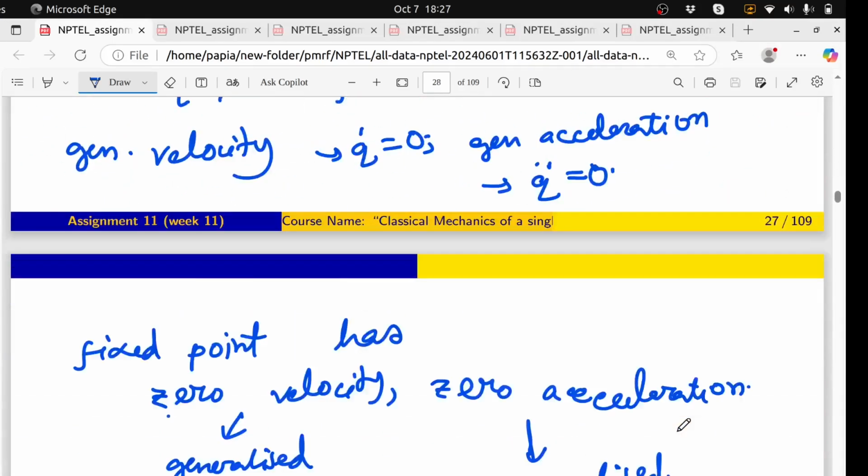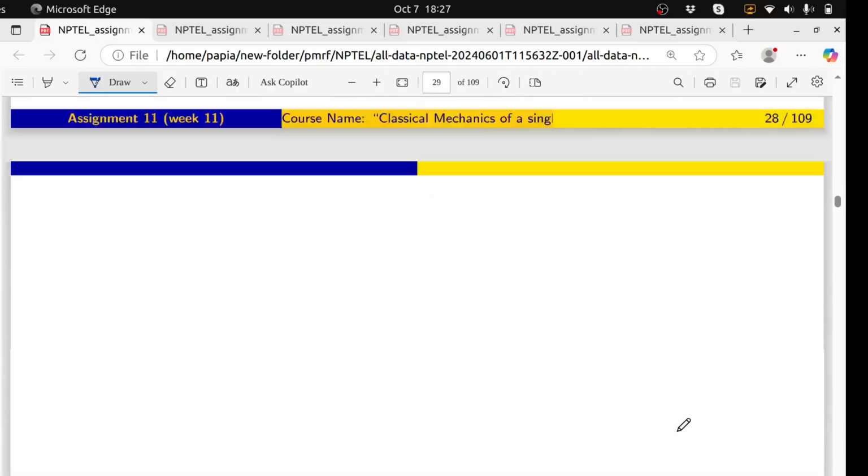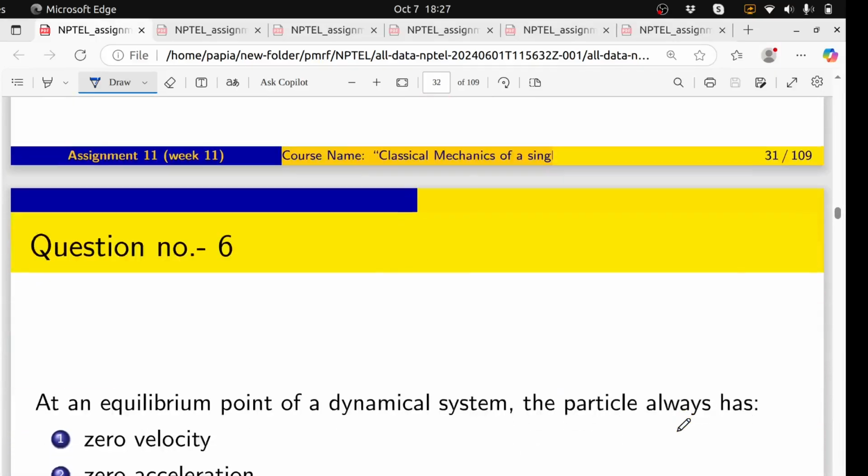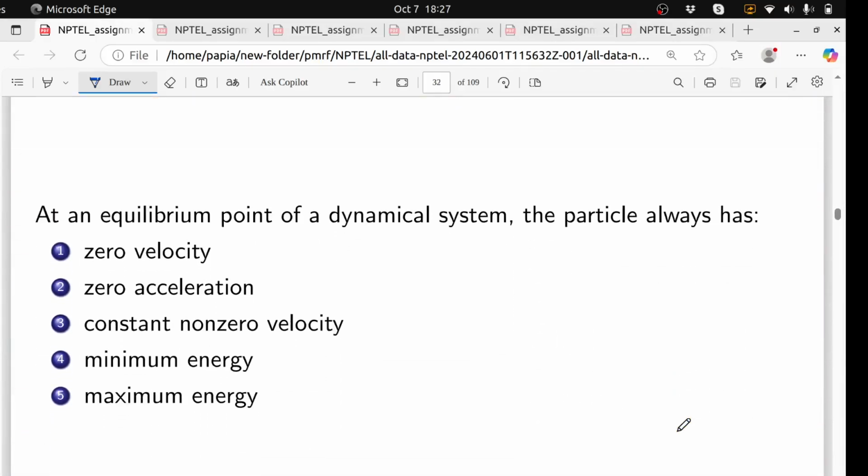Okay. Now coming to the next question. Question number 6. At an equilibrium point of a dynamical system, the particle always has what? Okay.